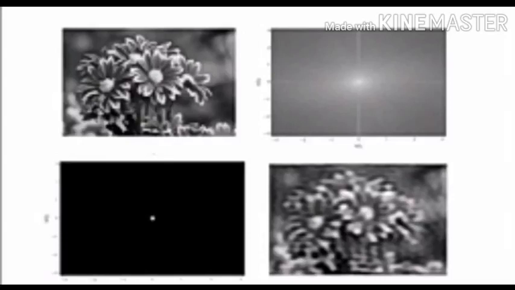We have taken that part of the Fourier transform on the top right, taken a very small portion of that top right Fourier transform image, and tried to reconstruct the original image. Since we have taken only a very small part, we are not able to see the fine details of the real image, but as a whole we can see some rough layout of the original image.